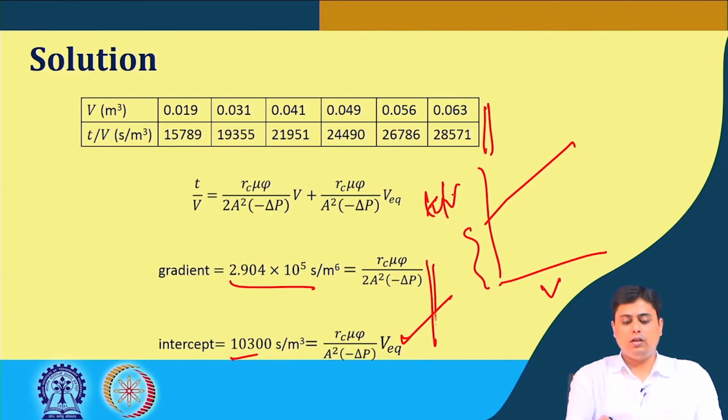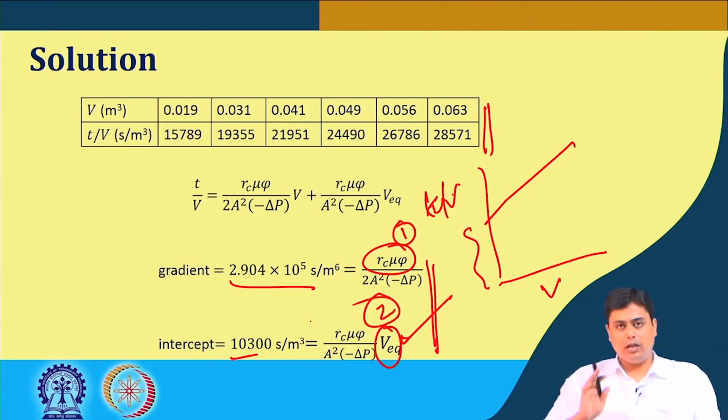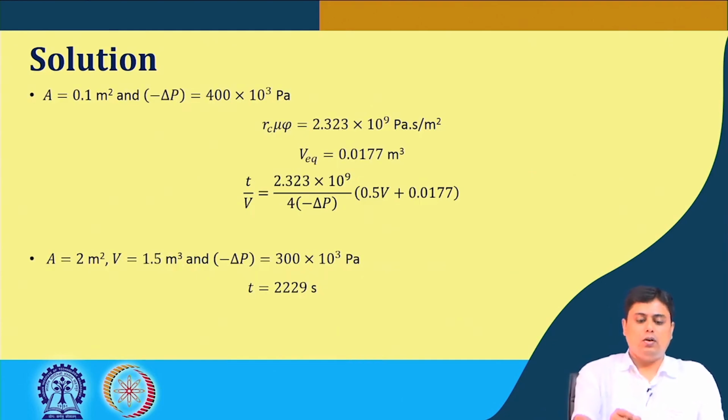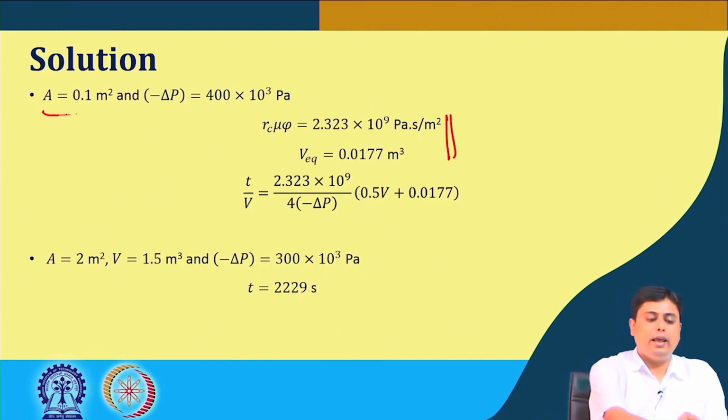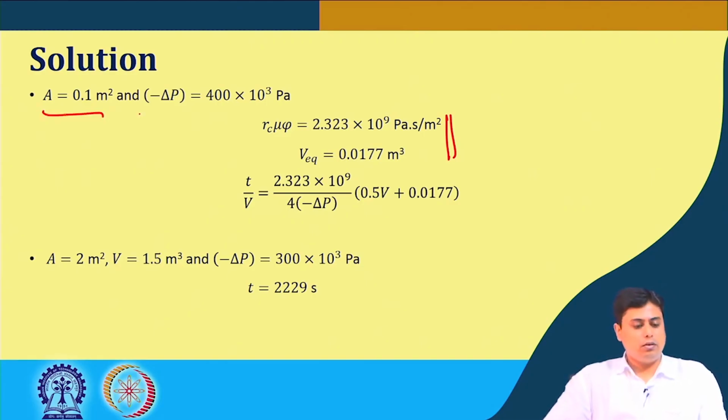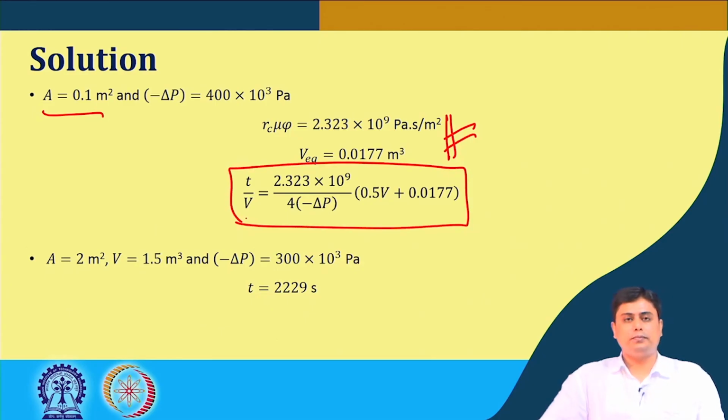From these two expressions, we find out these two parameters, which I am marking as 1 and 2. Once we calculate numerically, we find that for an area of 0.1 meter square and del P of 400 kilopascal, these are the two values, which means our T by V expression is this one.